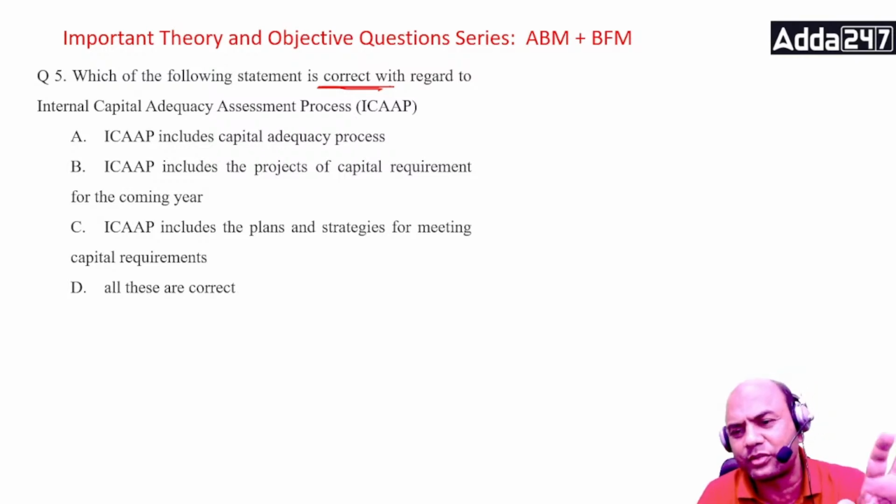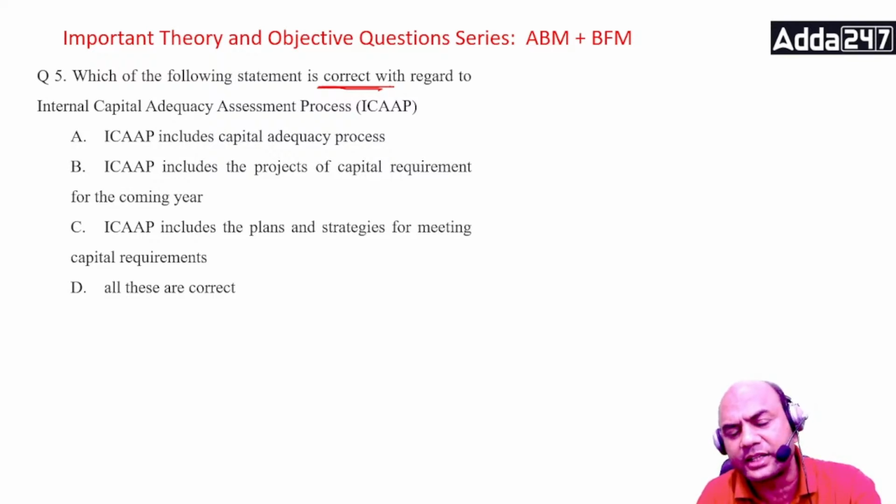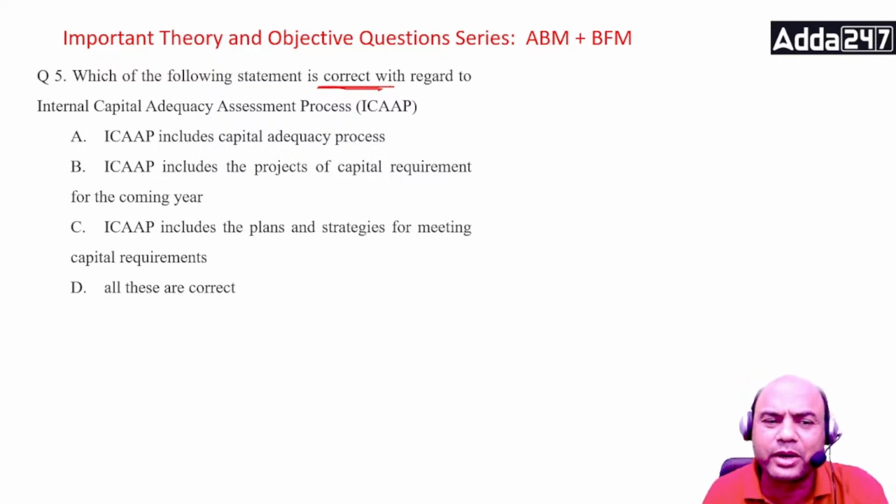ICAAP will include what? ICAAP includes the capital adequacy process. Will it include that? It will include this, right? Many of you might not know the details of ICAAP, because we generally study for the exams and don't go into the details.